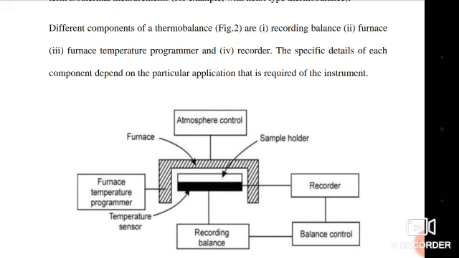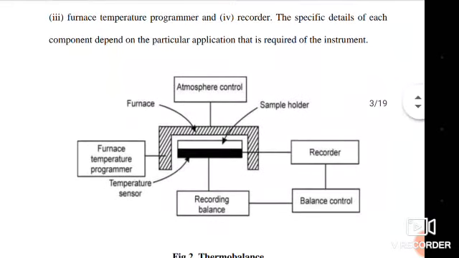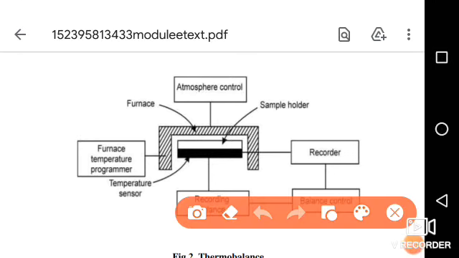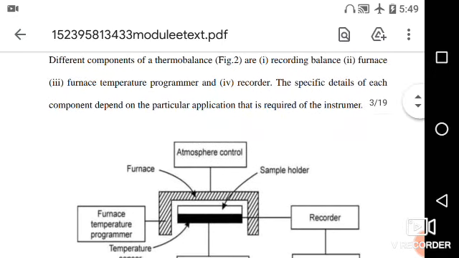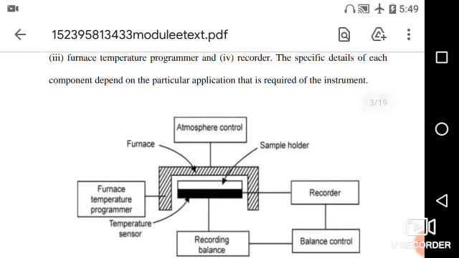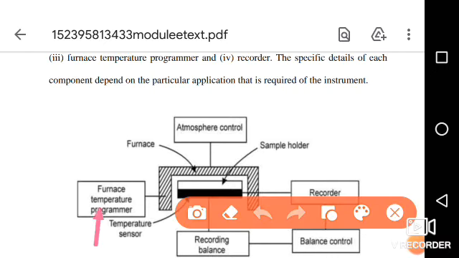The specific detail of each component depends on the particular application that it is required for the instrument. See how this thermobalance looks like.